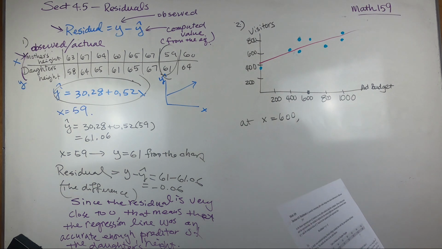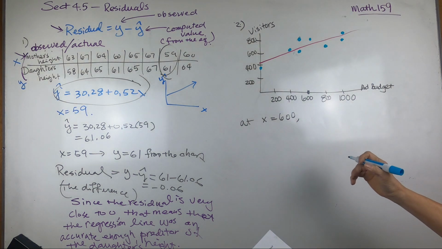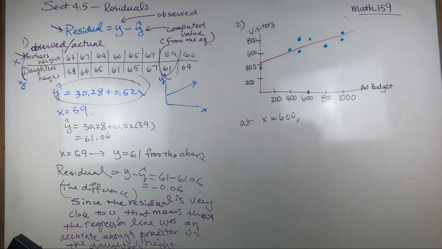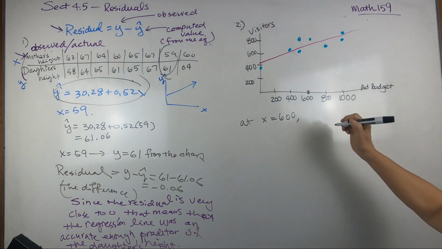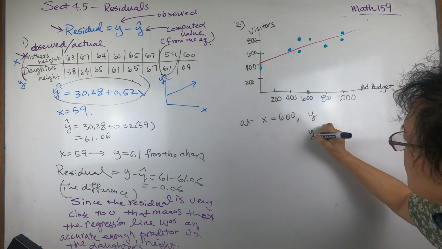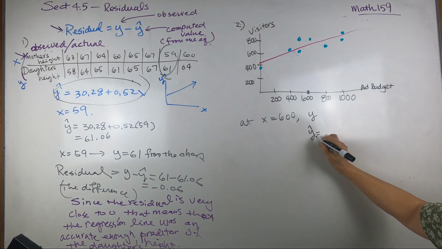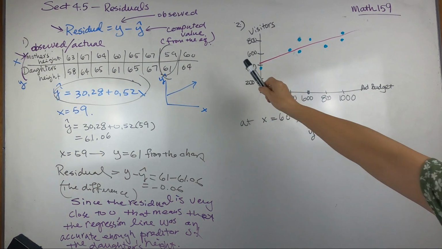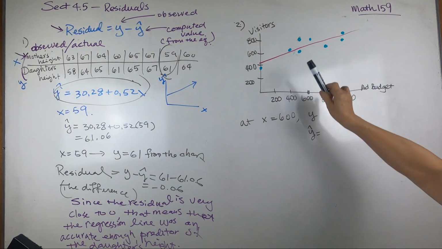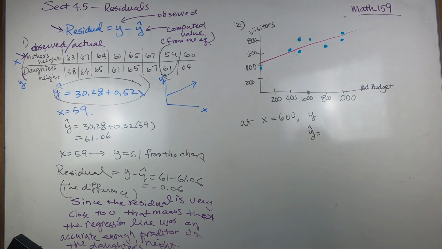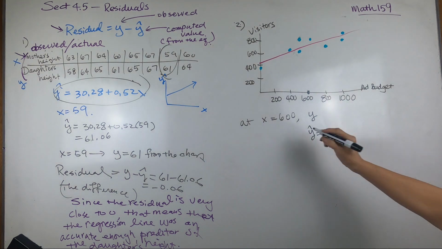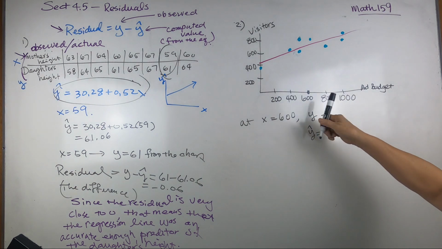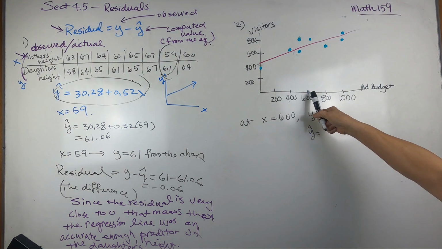So at 600, one is the actual value and the other is the predicted value. Y hat is the predicted value from the regression line. You need to differentiate what is y and what is y hat. So at x is 600, what is y?